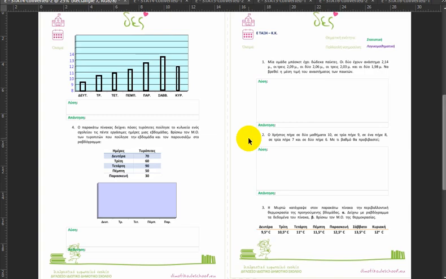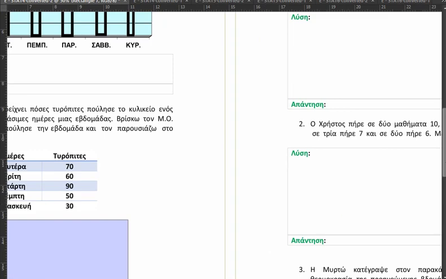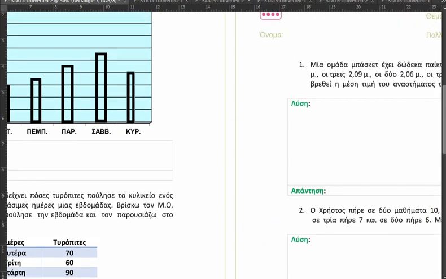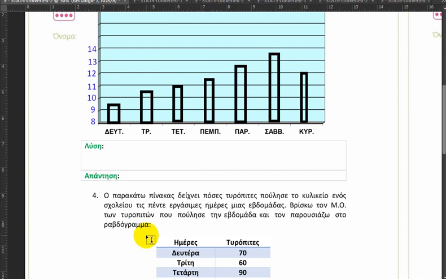All right, and now to find their average. Find their average, we are going to do 8.5 plus 9.5 plus 10.5 plus 11 plus 11.5 plus 12.5 plus 13.5 plus 12.